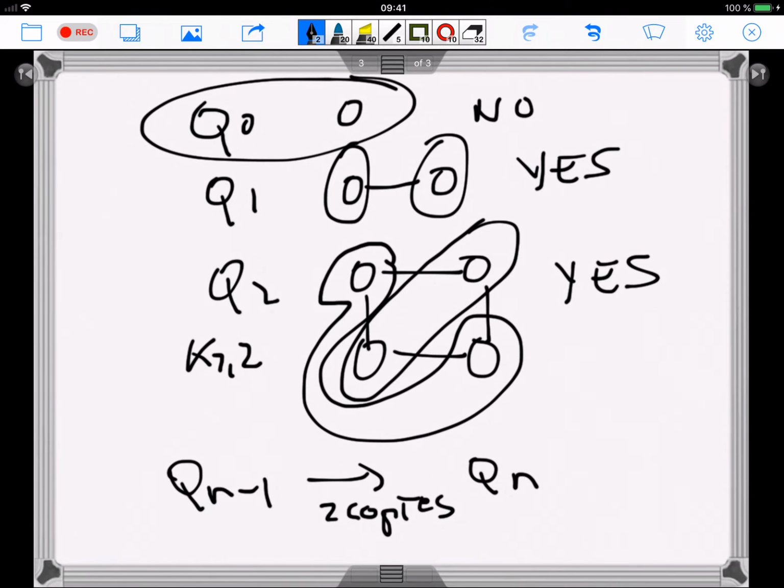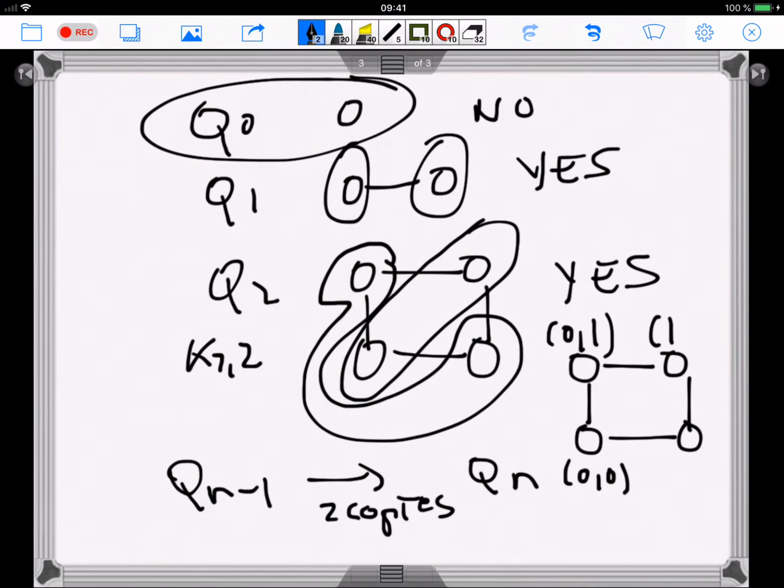Okay, another way of seeing this is that if you assign coordinates to the different vertices of a hypercube graph, for instance, this one here, this is of course 0, 0, this is 0, 1, this is 1, 1, and this is 1, 0. Okay, if you do it with the graph of hypercube of dimension 3, you need 3 coordinates, but you can always assign zeros and ones to the coordinates.